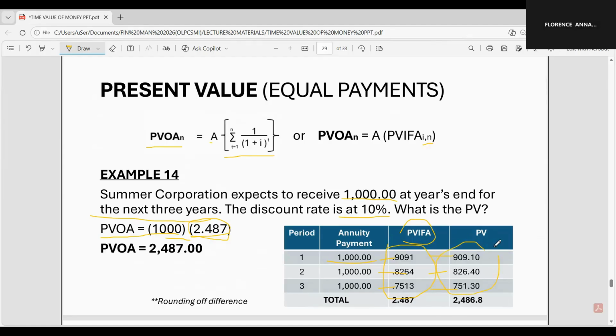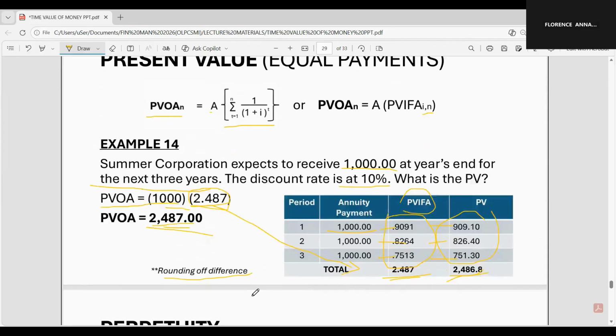When you sum this up, you'll get 2,486.8. Or when you sum your present value interest factor of annuity, you'll get 2.487, which when you multiply with your annuity payments of 1,000, you'll get 2,487. That's just the same. It's just your rounding off difference of 0.20s.